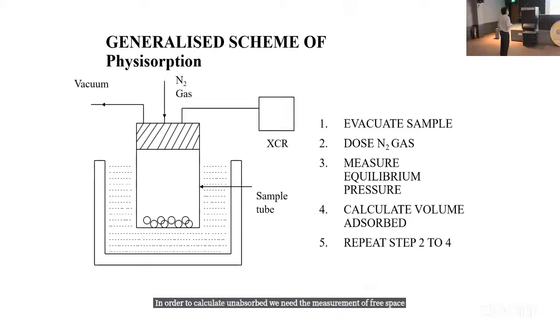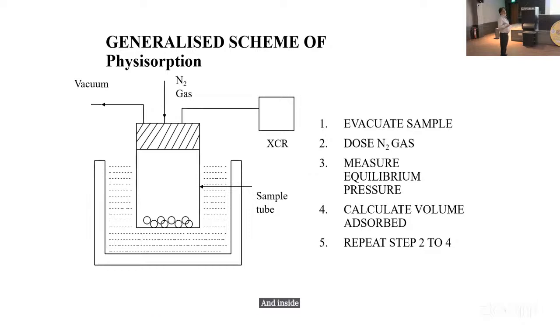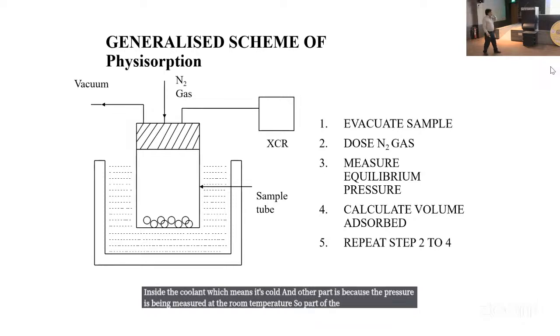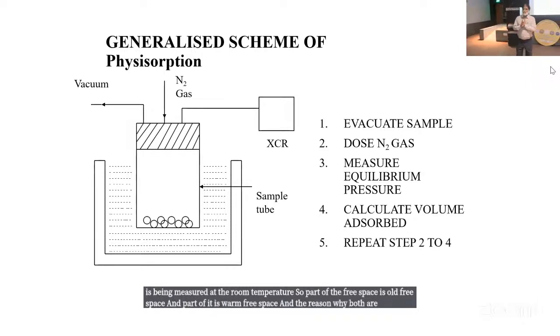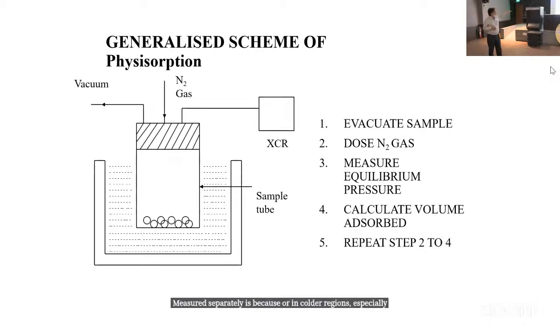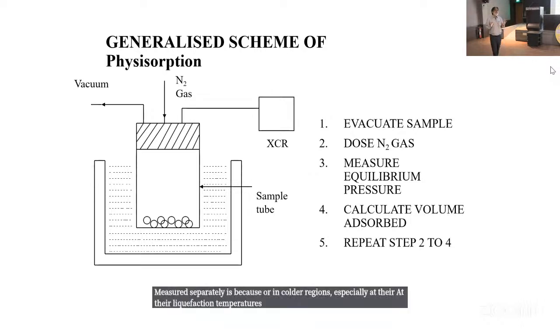And since part of the free space is inside the coolant, which means it's cold, and the other part is because the pressure is being measured at room temperature, part of the free space is cold free space, and part of it is warm free space. The reason why both are measured separately is because in colder regions, especially at their liquefaction temperatures, no gas is ideal.